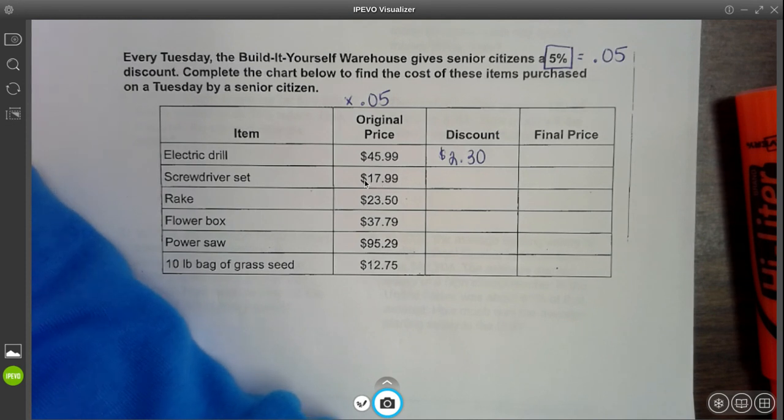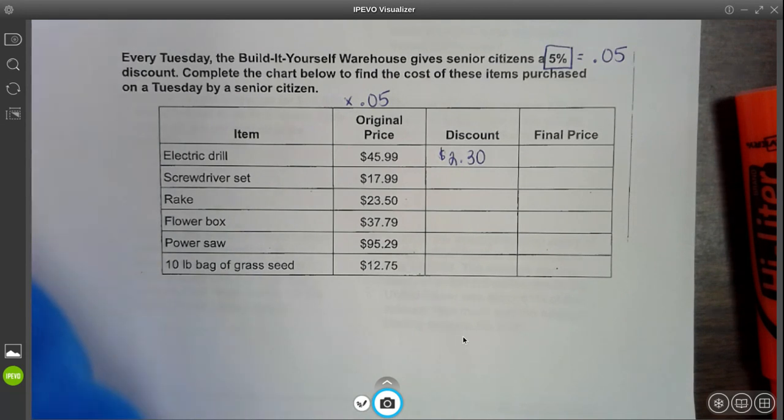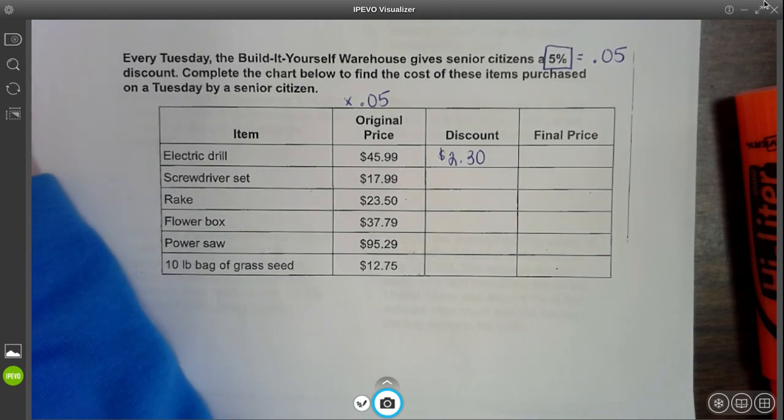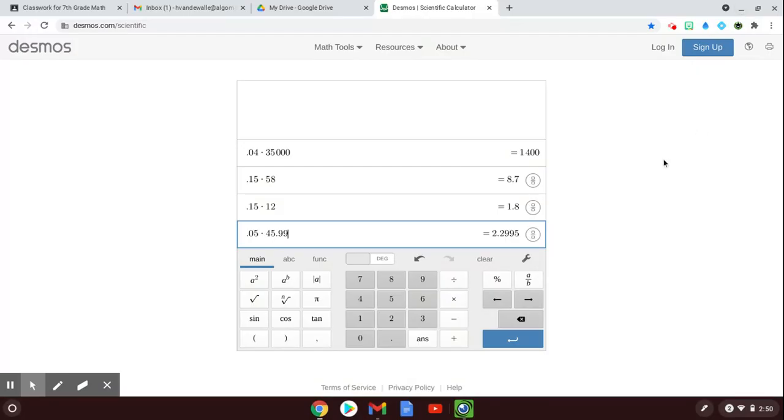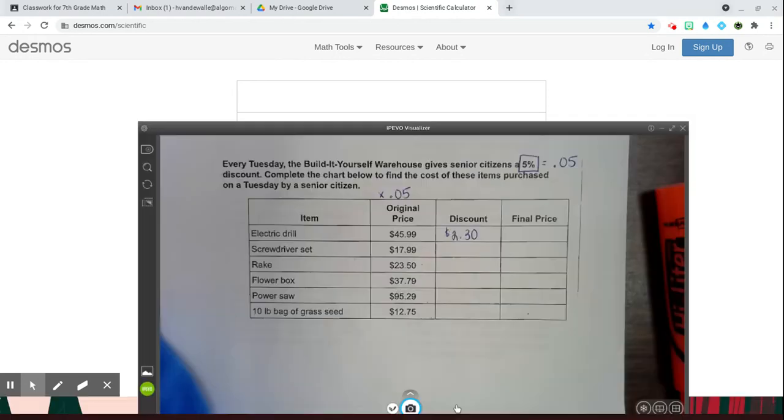So now I'm going to figure out the discount on the screwdriver set by multiplying by 0.05 also. So we're going to do 0.05 times the $17.99. Okay, and this is going to round to 0.90 or 90 cents because the 9 is going to round this 89 up to 90.